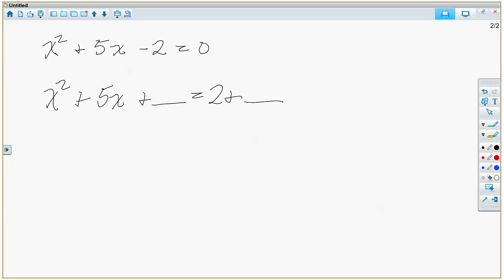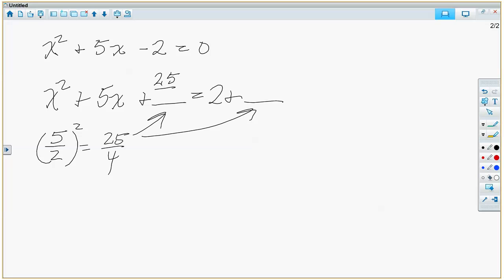What's half of 5? 5 halves. 5 halves squared is 25 fourths. The further I get to the right side, the worse it writes. So this is shortcut number 1.